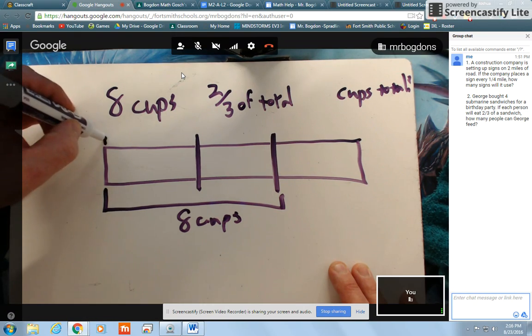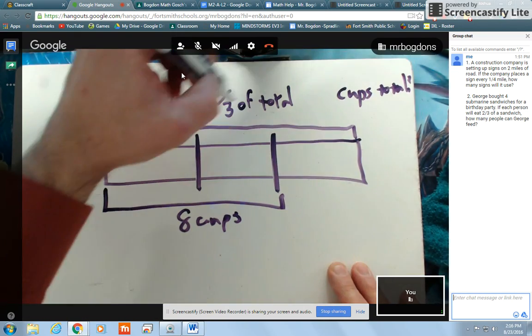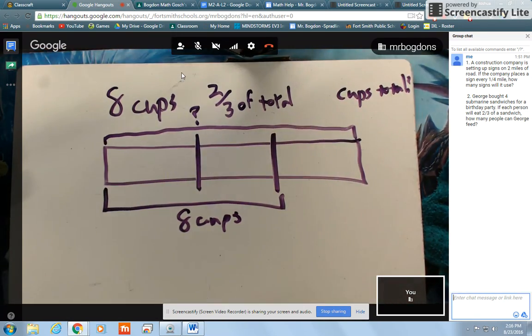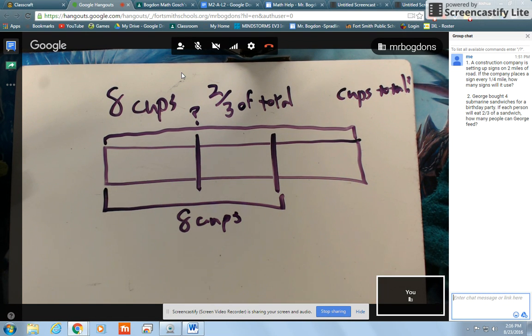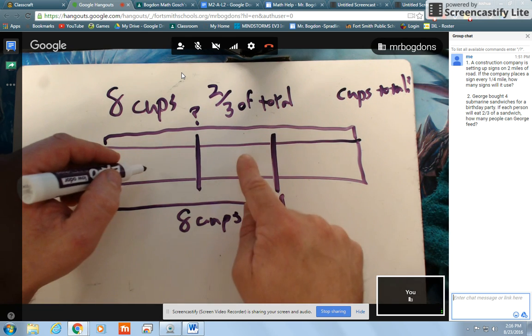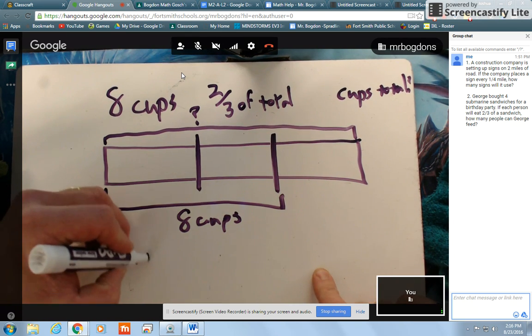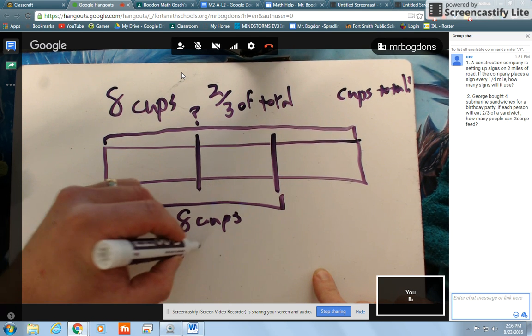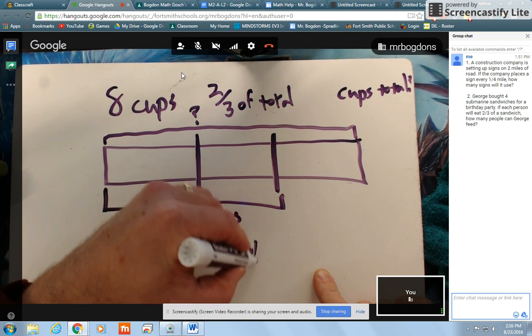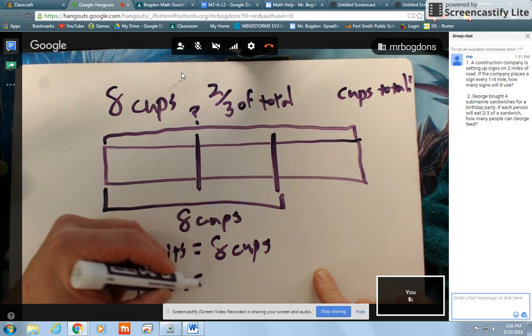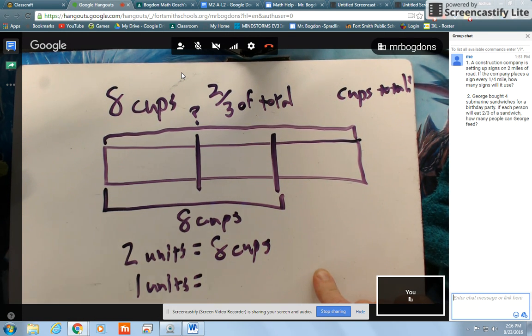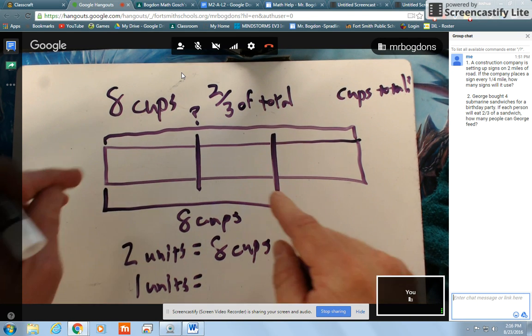I know this whole thing. Well, I don't know this whole thing. That's the question. So thinking about this, I have 2 units, right? 2 of these units is equal to 8 cups. What is one of those units equal to? Well, what do I have from here to here?